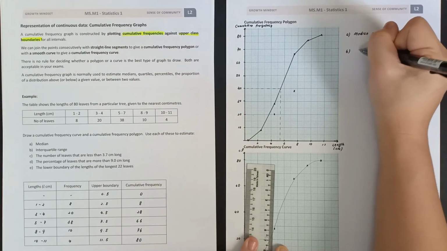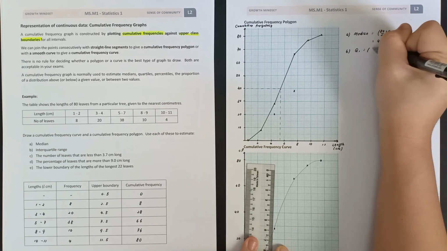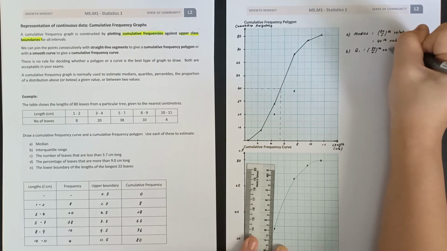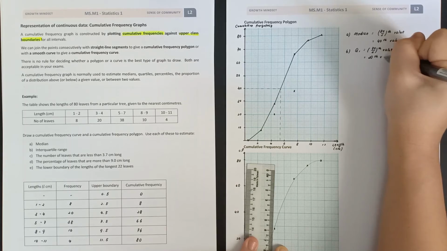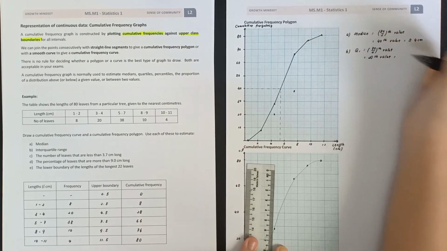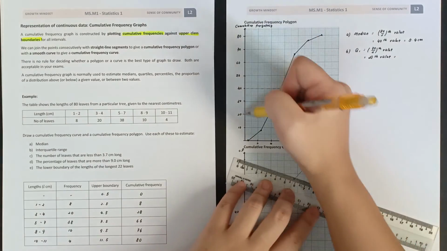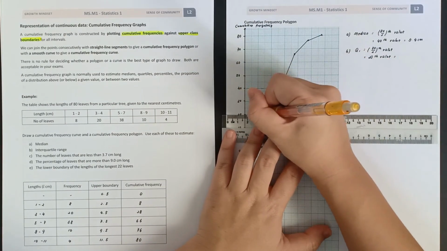Okay, for B, you need to find the interquartile range. So for the interquartile range, you need to find Q1 and Q3. So Q1 is basically 80 divided by 4. So it's the 20th value. Okay, so you do the same thing from the 20 on your cumulative frequency, then you drop to your x-axis.